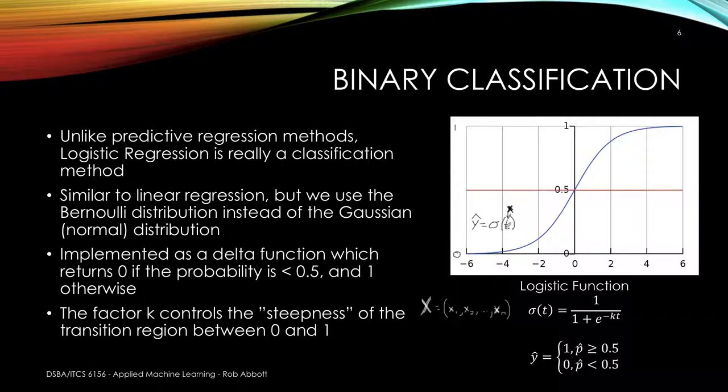So for each one of these values here, I'm evaluating the logistic function with each of these to determine what this predicted value is on this continuum between 0 and 1. And if that value is greater than 0.5, that means it should belong to the true class. If it's below 0.5, it should belong to the false class.